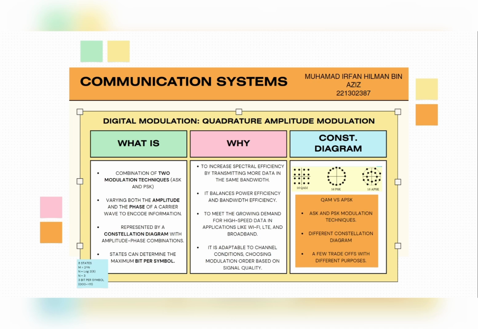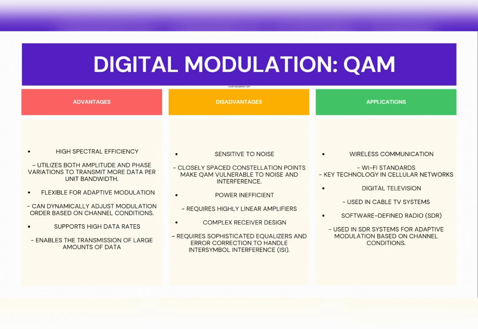QAM prioritizes spectral efficiency for high-speed data transmission in linear, high SNR environments, while APSK focuses on power efficiency and robustness in non-linear environments. Then, for the advantages of QAM, it has high spectral efficiency, just like I said just now, by utilizing both amplitude and phase variations to transmit more data per unit bandwidth.